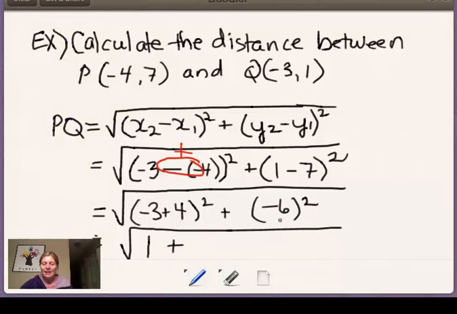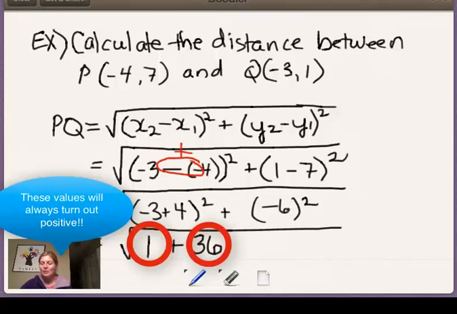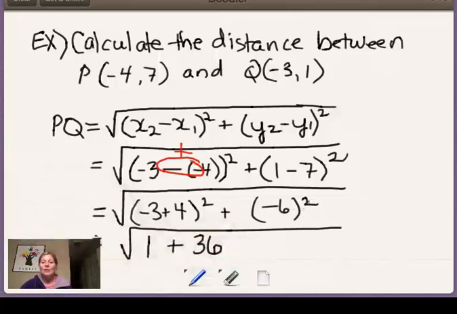Good. Plus -6 squared is -6 times -6. So if I multiply two negatives together, I get positive. So it's 1 plus 36. And because these are both being squared, your answers are always going to be positive because we're squaring. So if you have a negative and you're squaring it, it's going to be a positive. So if it's not a positive, you've made a mistake.